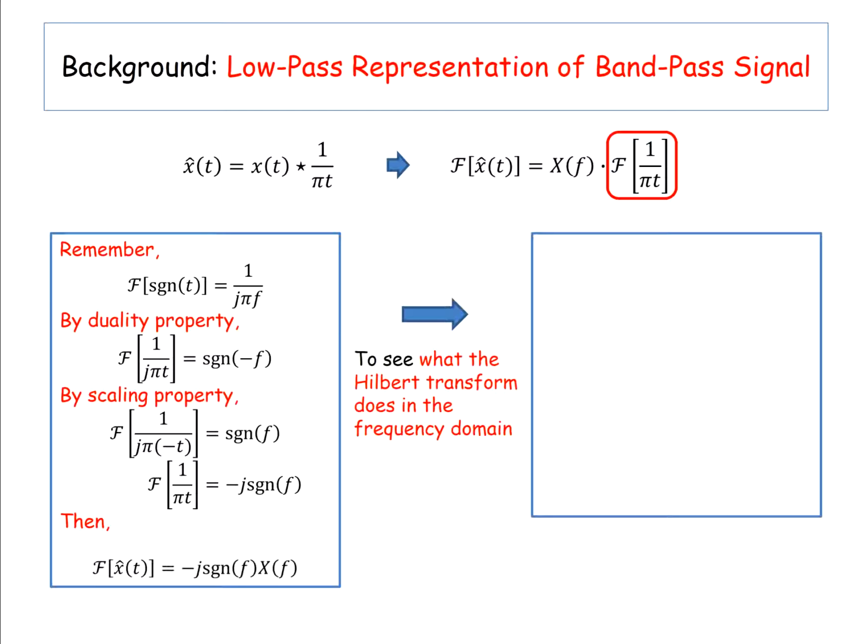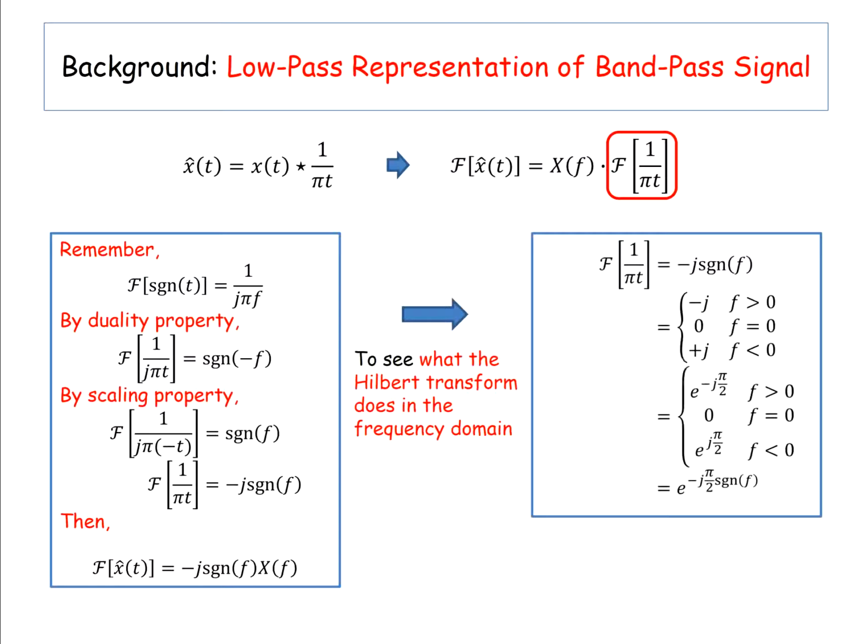We can express this transform in various forms. This can be briefly clarified. The Hilbert transform causes a minus pi over 2 phase shift for positive frequencies and a pi over 2 shift for negative frequencies.